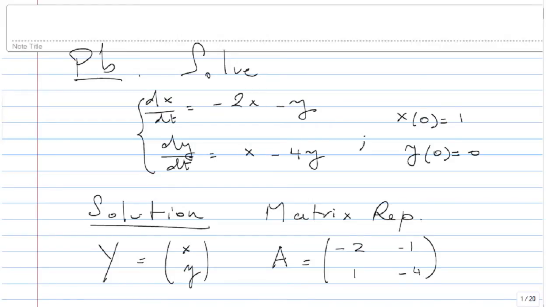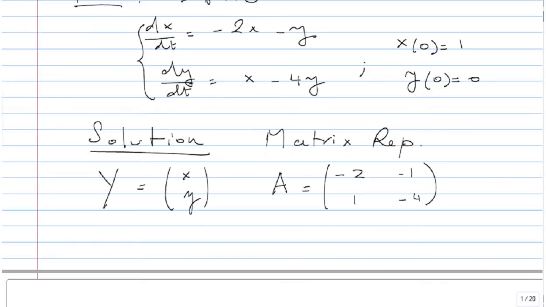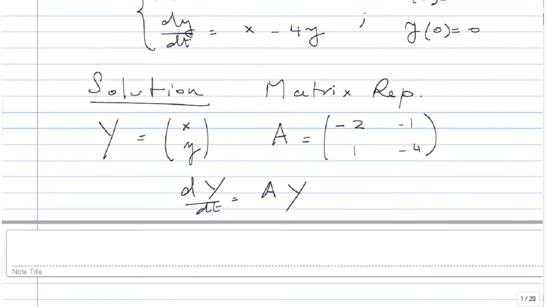Therefore, the system becomes dY/dt equals A times Y. The technique to solve this problem, step number one, is to look for the eigenvalues of A, which will allow us to find the general solution of the linear system.